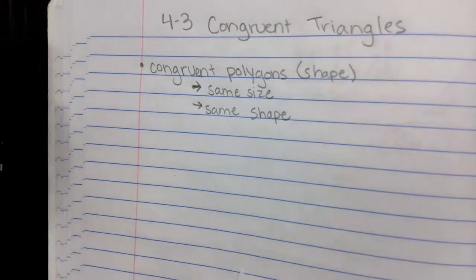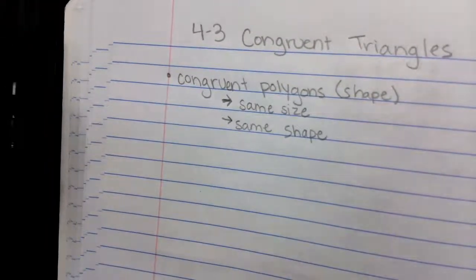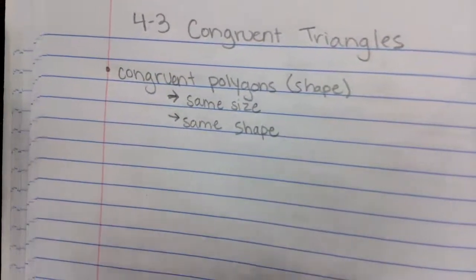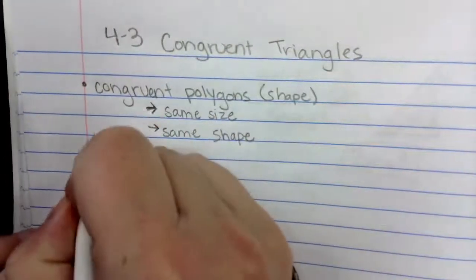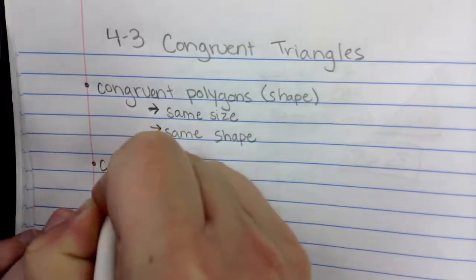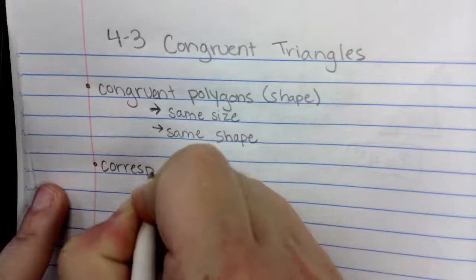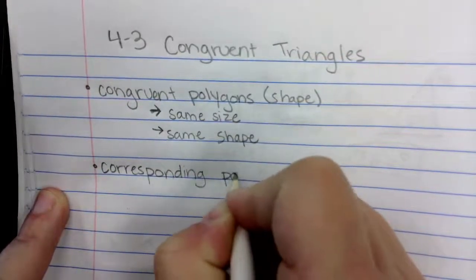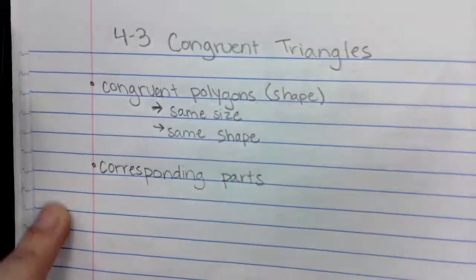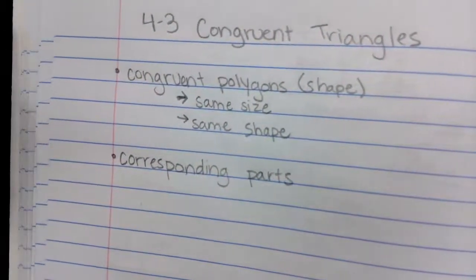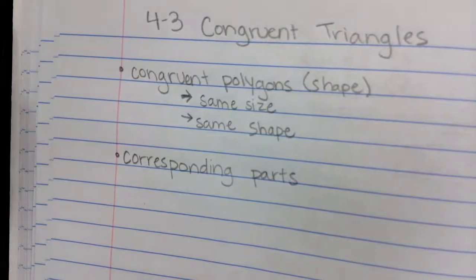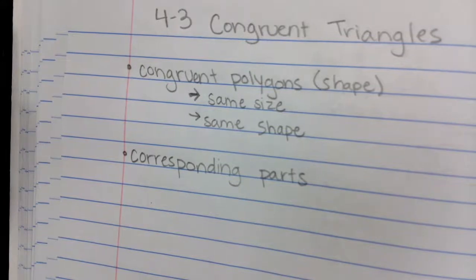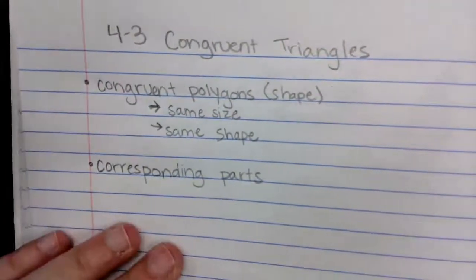Owen started alluding to this next part. He gave us a little bit of a hint. He said that all the sides have to be the same. That's true. That's going to be part of our corresponding parts. Okay, so for corresponding parts, that means we're going to match between the congruent polygons, those congruent shapes. We're going to match the angles.